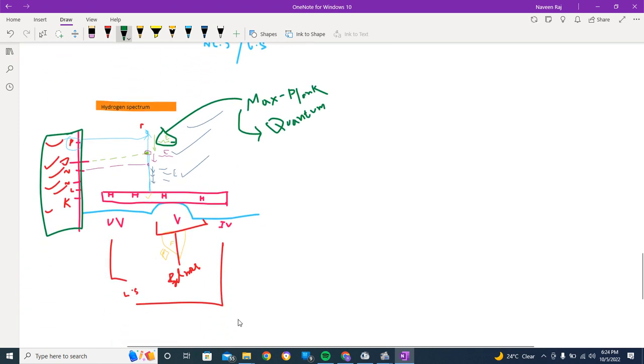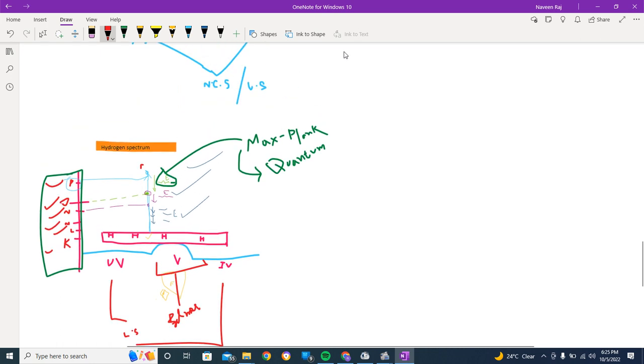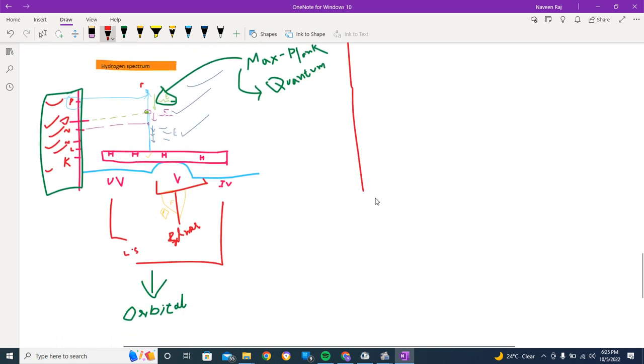We discovered orbits like K, L, M. If you haven't checked the previous videos, do check them out. We are making a story to learn all this, and the story breaks if you miss a single video. I'm making a section in between, drawing a line here to separate it. I'm not using a different slide because that might be confusing.